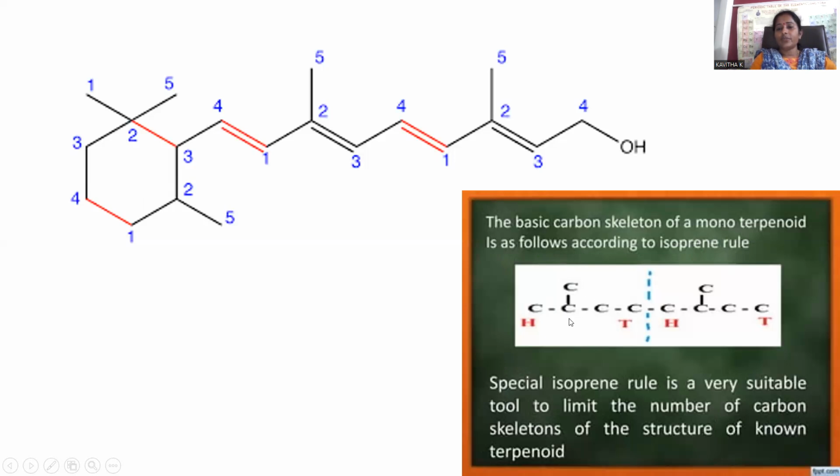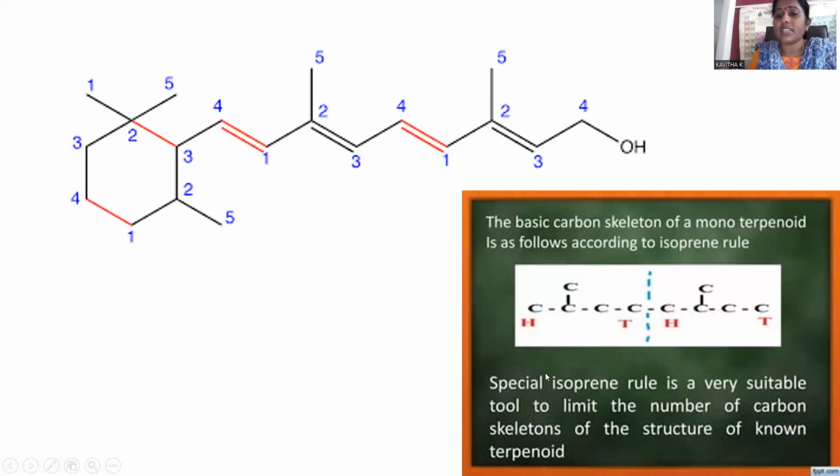The basic carbon skeleton of a terpenoid follows the isoprene rule. The isoprene rule stands for what? Head means the first carbon, tail means the fourth carbon, right? So here the head is started, and on the second carbon, another carbon will be there. This is a side branch, then the third carbon and the fourth carbon. The fourth carbon is denoted as a tail. So this tail is going to join with another head. This is designated as tail to head or else head to tail, whatever pronunciation we can go with.